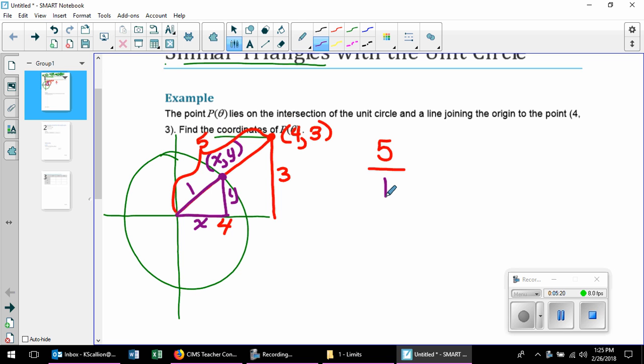And that has to be equal to the big triangle. Let's do the x first. The big triangle measurement is 4. And what's the little triangle measurement that's on the similar side? Is that an x or a y? What's the 4 represented? Is that an x or a y? X. So what am I going to compare it to? The purple x, right?